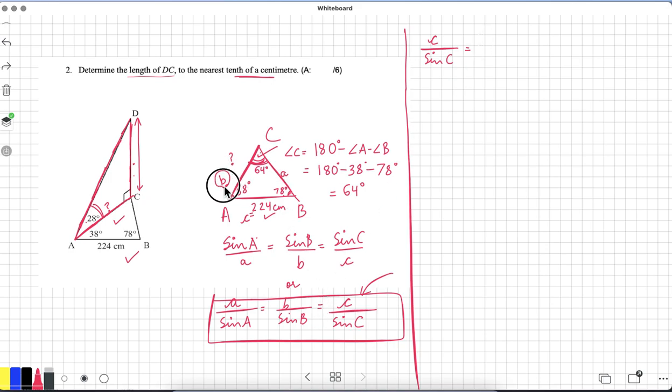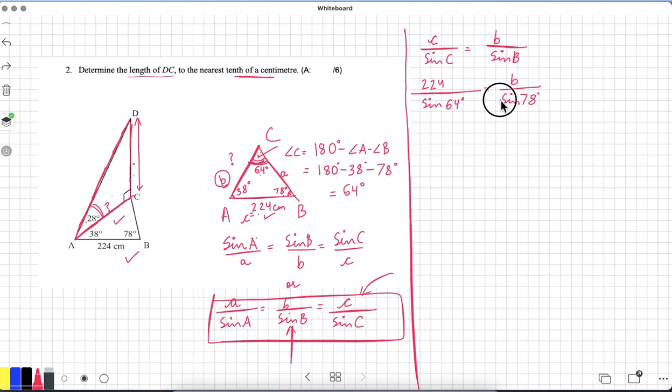Because I want to find b, I'm going to pick b over sine B. Plug in the values: side c, 224, over the angle C, which is 64, so sine 64 degrees, equals b over sine B. b is missing right now. Over sine B, angle B is 78, so sine 78 degrees.